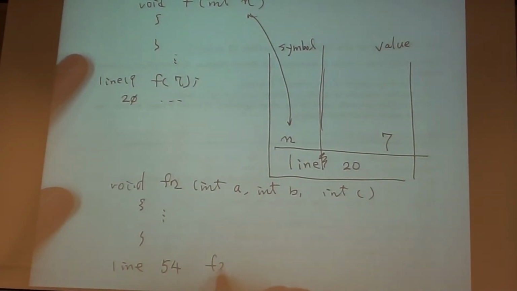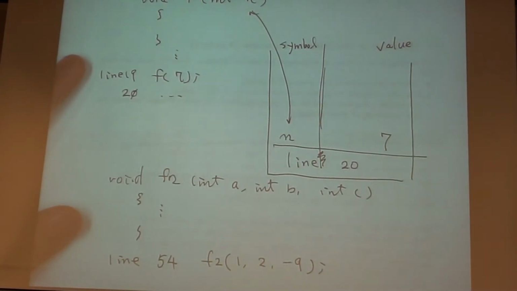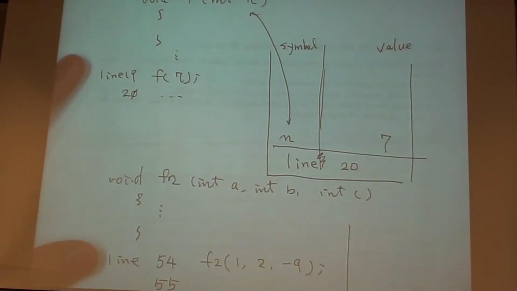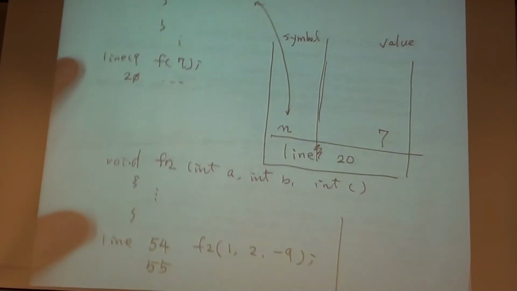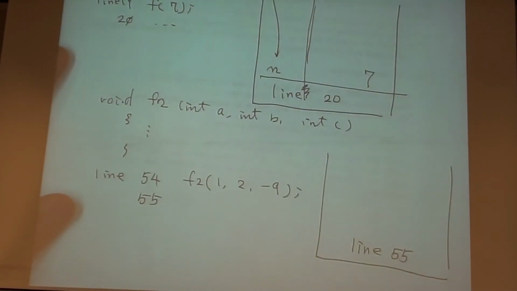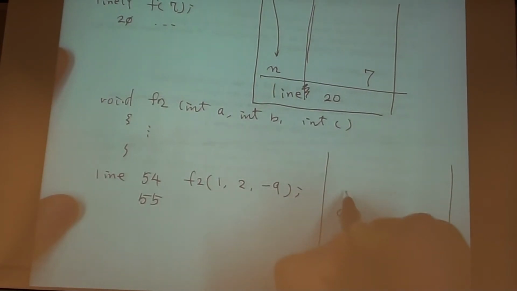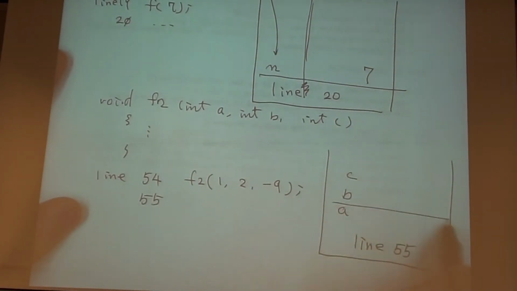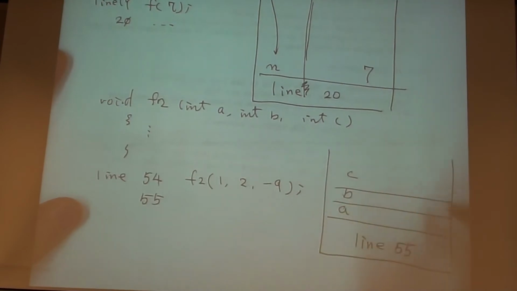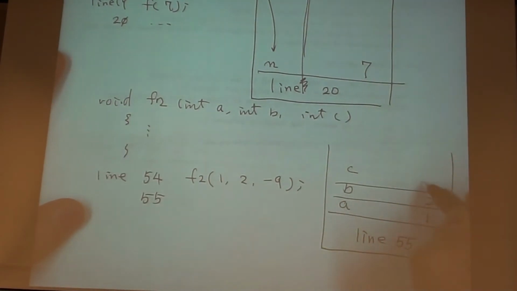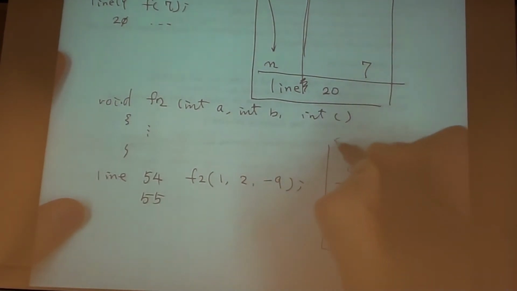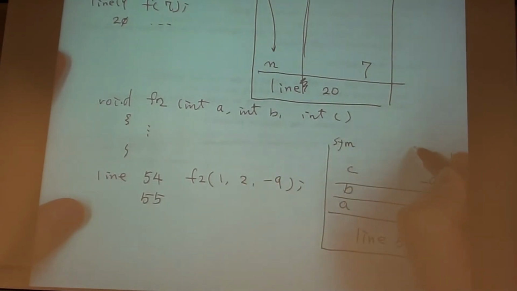I call f2 and give 1, 2, minus 9. And line 55. So my call stack will look like the following: line 55, that's the place where the program should continue. I have A, B, C, and this will be 1, 2, minus 9. This will be the symbol. This will be the variable.